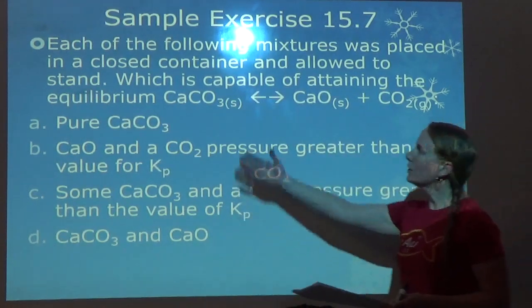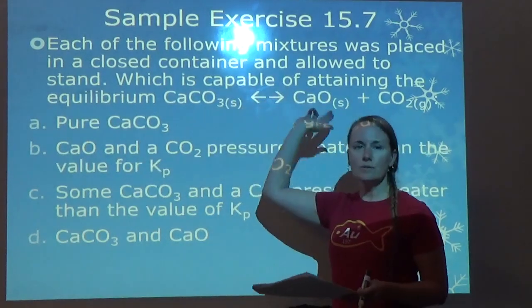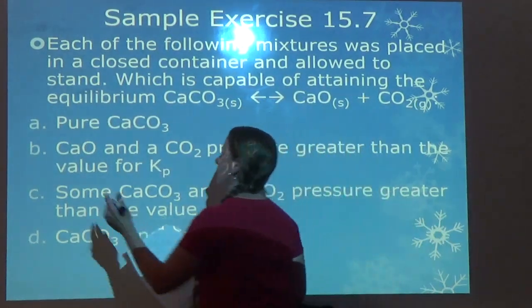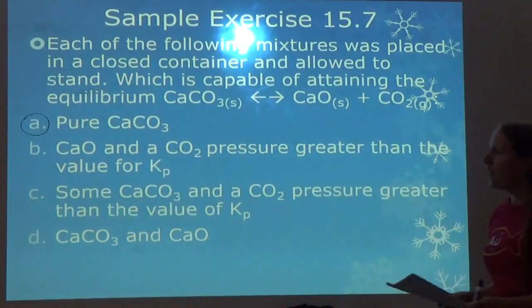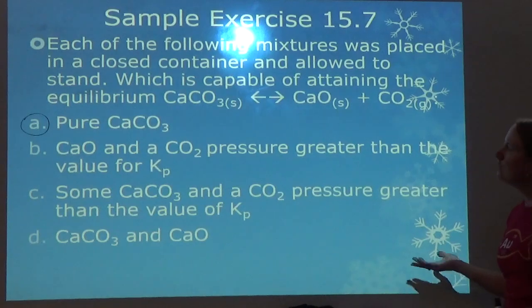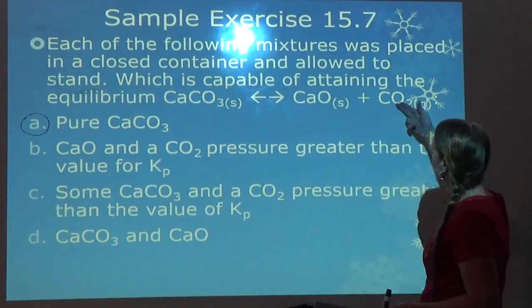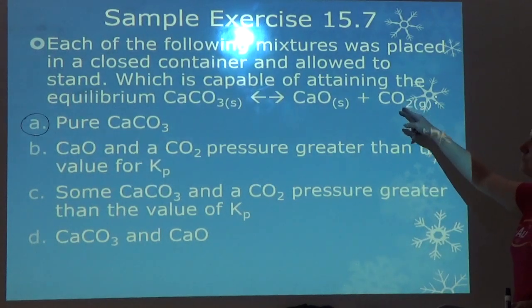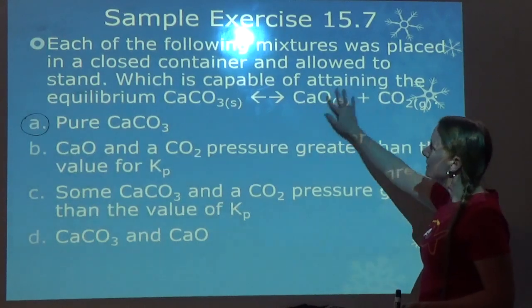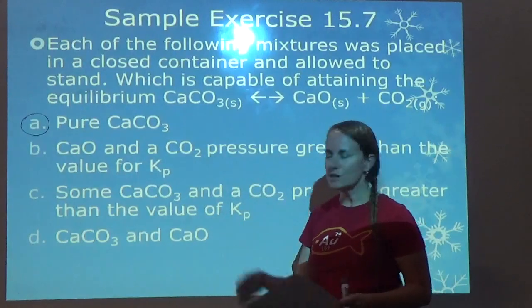If you start with a solid, can we form products and then eventually reach equilibrium? Yes, we can, so that one's fine. Part B says you have CaO and you have CO2 at a pressure greater than the value for Kp. If you have too much of this, then yes, we can go back and make some of our reactants. So B is possible.